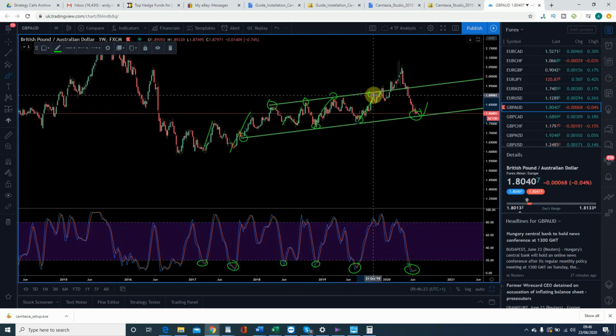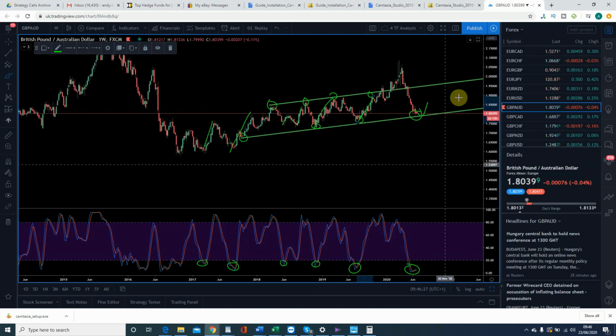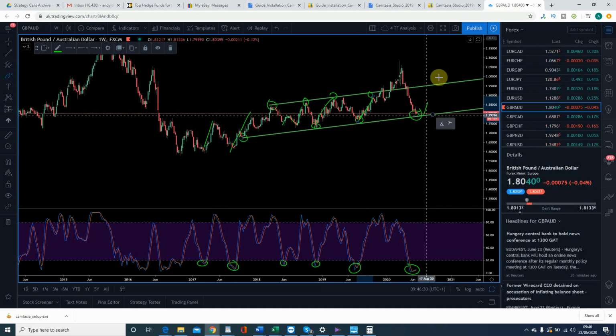So that's adding evidence that our filter is saying that sterling is probably going to get some buying activity over the next few weeks, and that could lead it to potentially maybe go back to here.